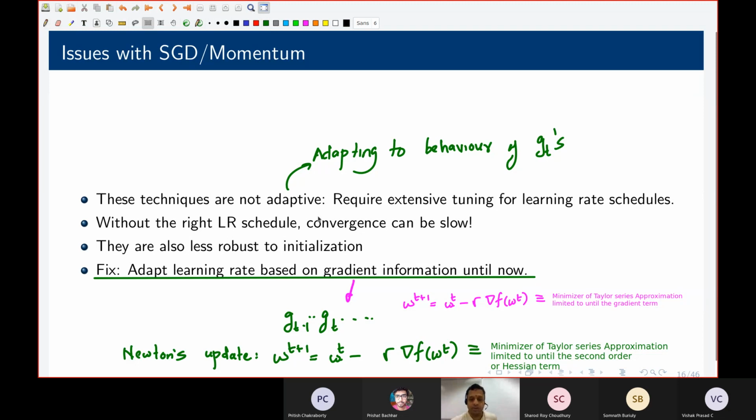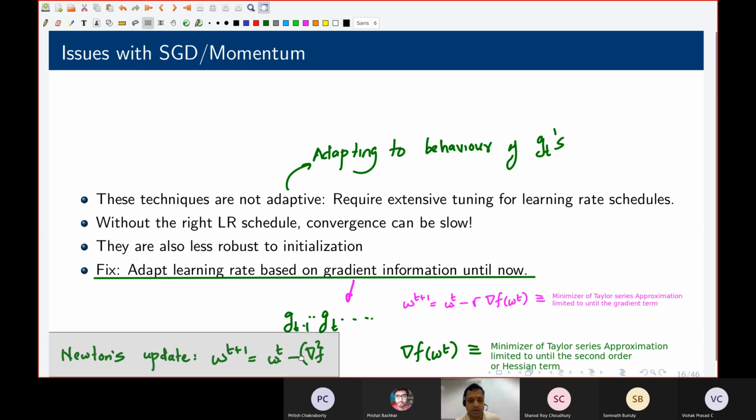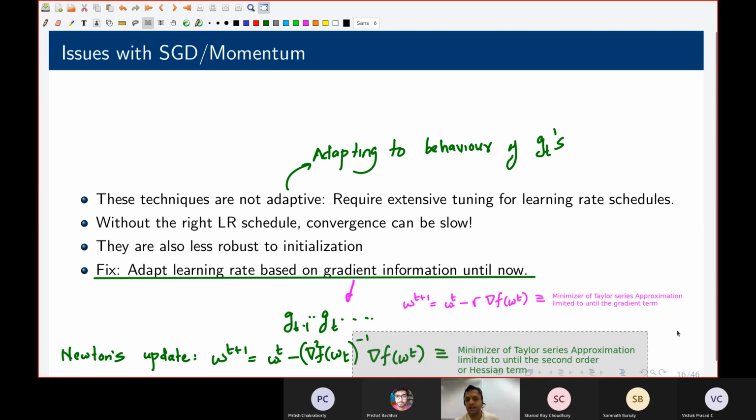You can have a learning rate there also if you want, but it becomes less sensitive to that. Okay, so this Hessian, when you multiply it with the gradient at the current term, is also kind of accounting for the curvature of the function.